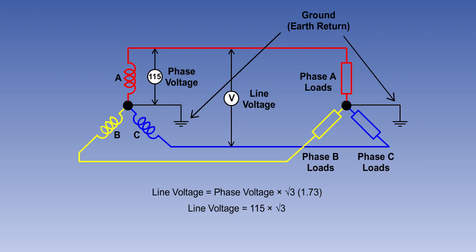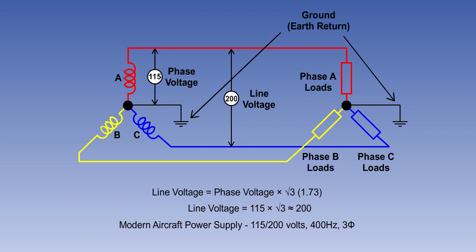So from the formula, we can work out that the line voltage is 115 multiplied by root 3, which is approximately 200 volts. The frequency used on aircraft is normally 400 Hz, so a modern aircraft power supply would be 115/200 volts, 400 Hz, three-phase.